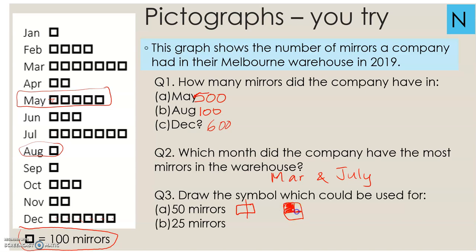Sorry, for 50, so that would be, there we go. And then for 25, you would split it into 4, and it would be that. So don't worry about this one here. So if I had to do it for 50 mirrors, it would be that, and then 25 mirrors, it would look like that. Right?